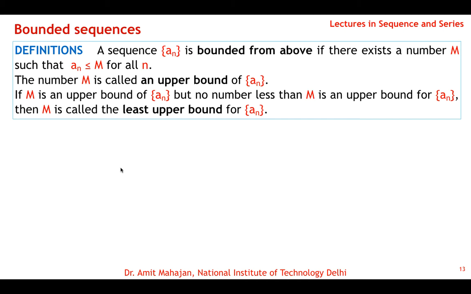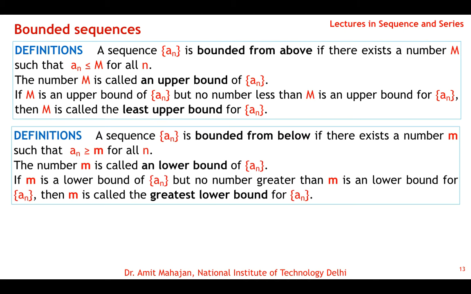Similarly, we can define a sequence which is bounded from below if there exists a number m such that all the elements of the sequence are greater than or equal to this number for all n, and so this number will be called a lower bound of a_n.